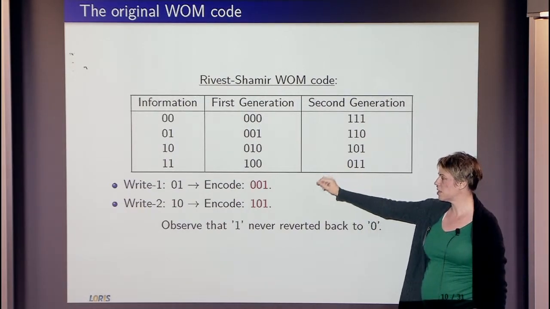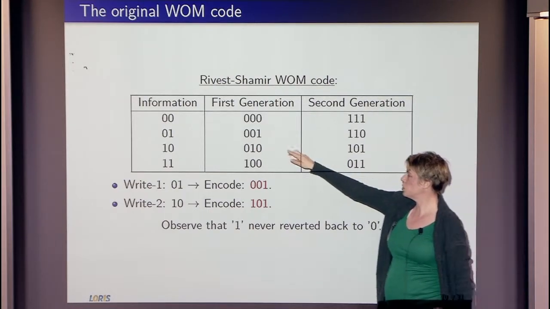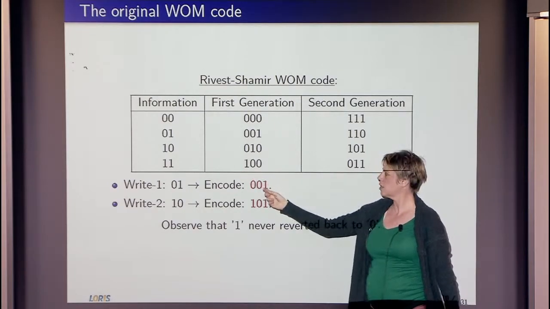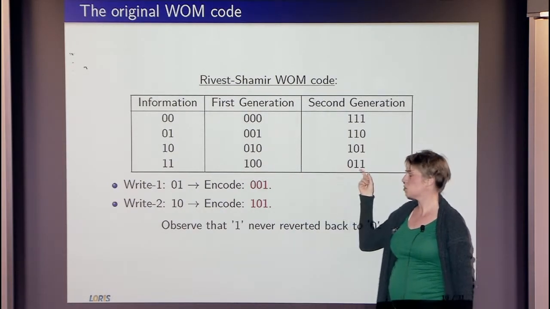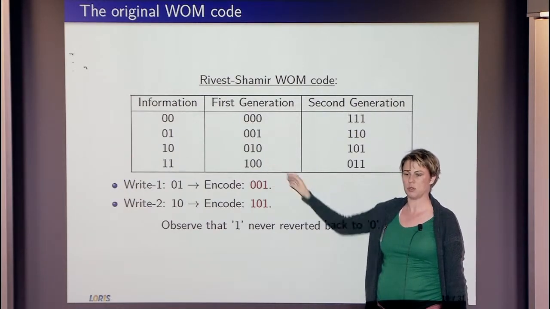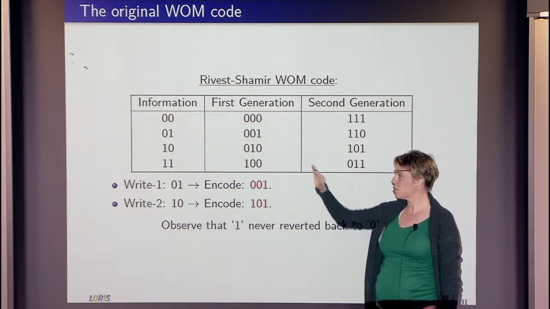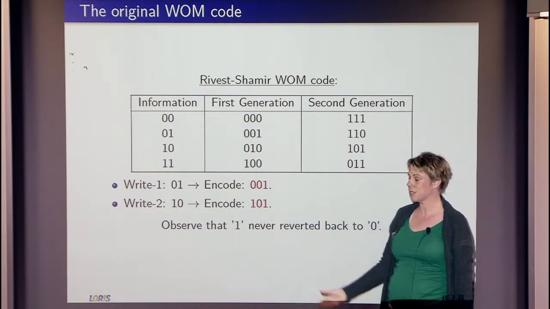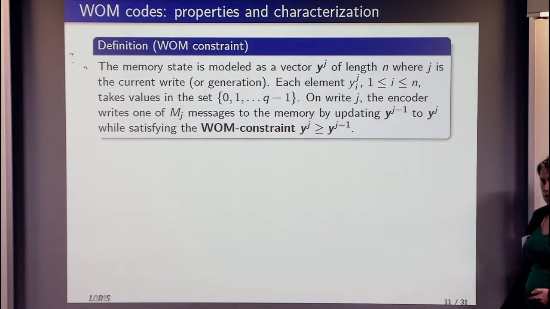If you were to write the same information twice, for example you want to write 1, 1 twice, you wouldn't go from 1, 0, 1 to 0, 1, 1, because it would be illegal. You just stay at whatever you had encoded already. In any case, all these possible combinations of writing 2 bits twice work. And that is essentially the Rivest and Shamir original code.